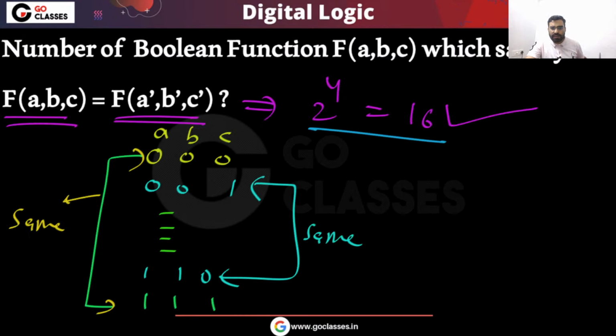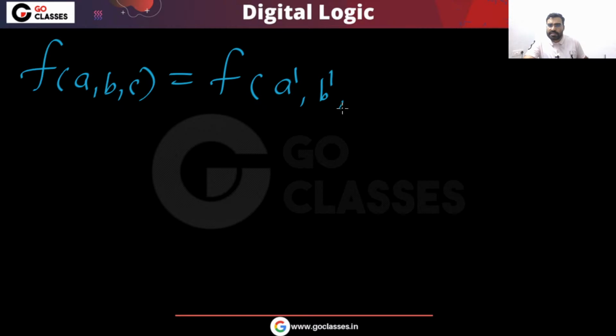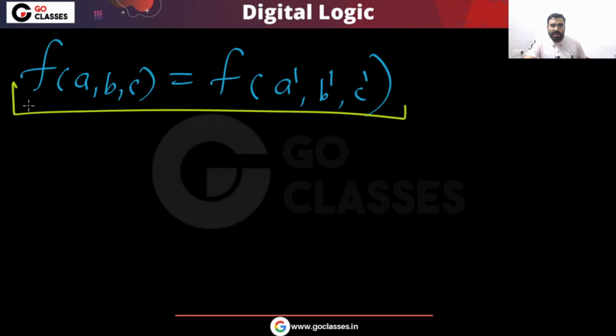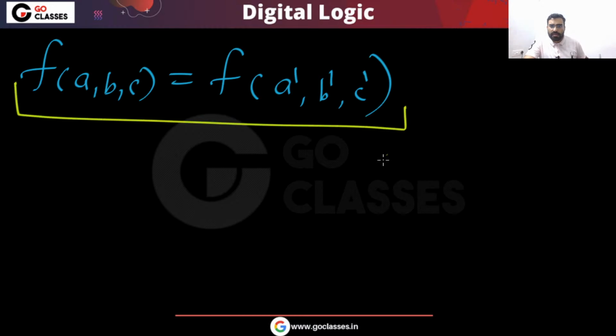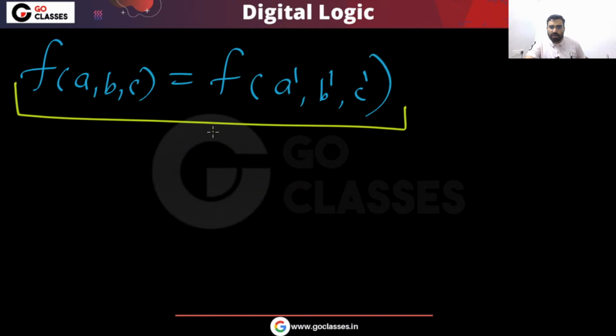Can you notice what this function is? This is a special function. f(a,b,c) is the same as f(a bar, b bar, c bar). What name can I give to this function? This function is saying that the first row must be the same as the last row, the second row must be the same as the second last row. So this is your palindrome function. Yes or no?